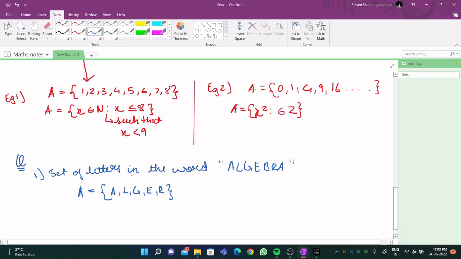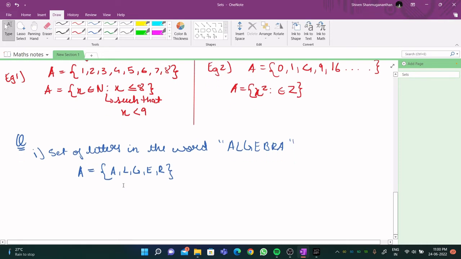Now describing sets in the set builder form. We will do another example here.